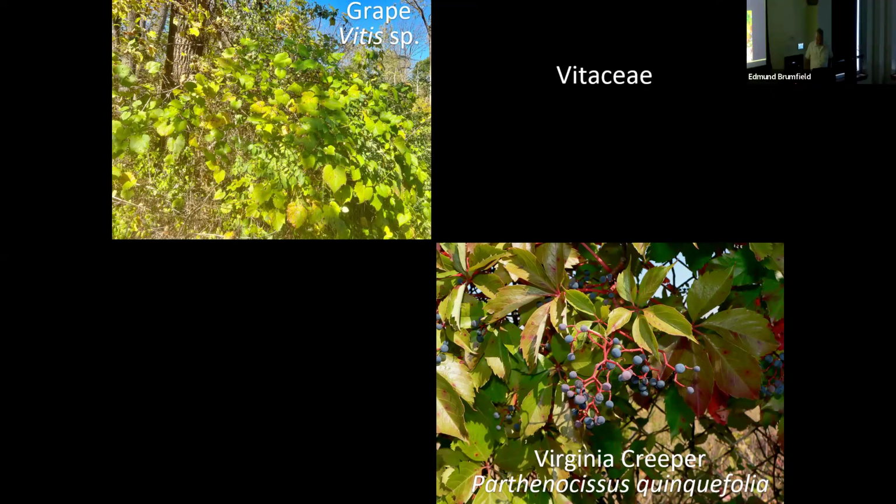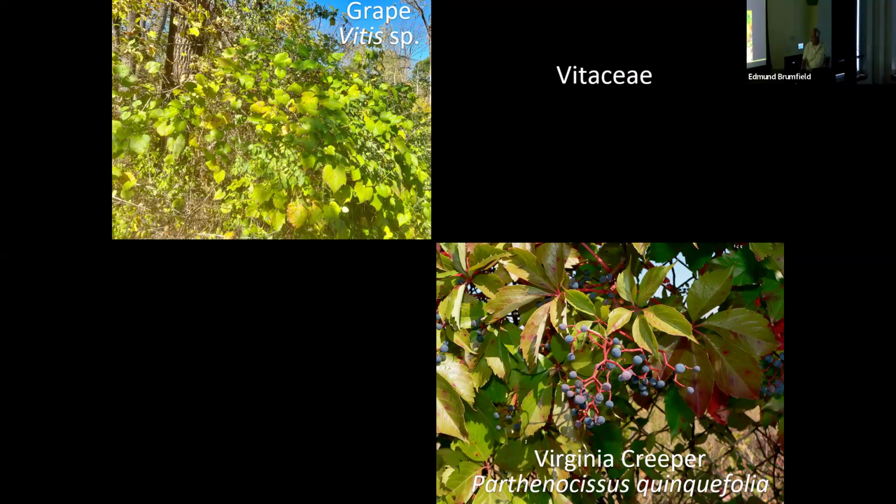Okay, the grapes. Now, when you read the moth field guide, you're going to see three species of vegetation lumped together. Well, I shouldn't say species. You've got grapes, you've got Virginia creeper, and you've got porcelain berry. The moths that feed on one feed on all of the others.